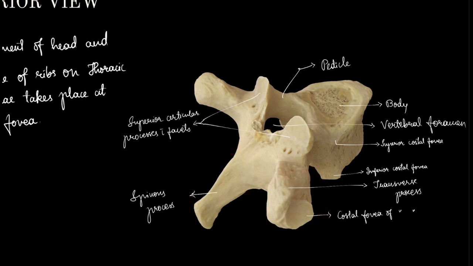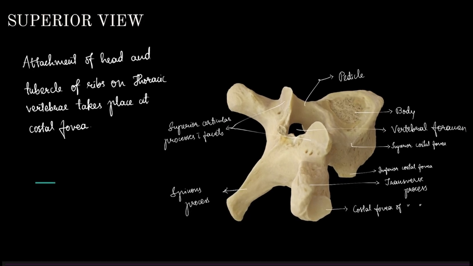Spinous processes are a little shorter than that of cervical. They are not that long, but if you divide them and see in a cross-sectional view, it will be triangular.